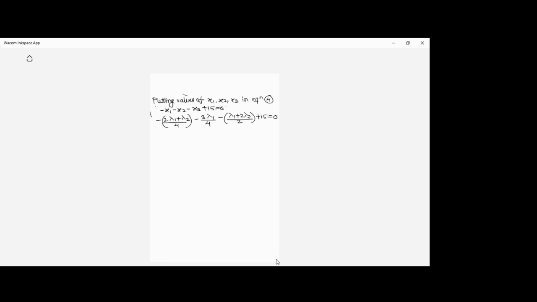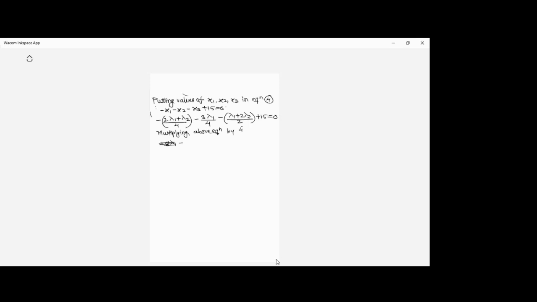What I can do is multiply the entire equation by 4. Multiplying the above equation by 4, the 4 will get cancelled here, right?